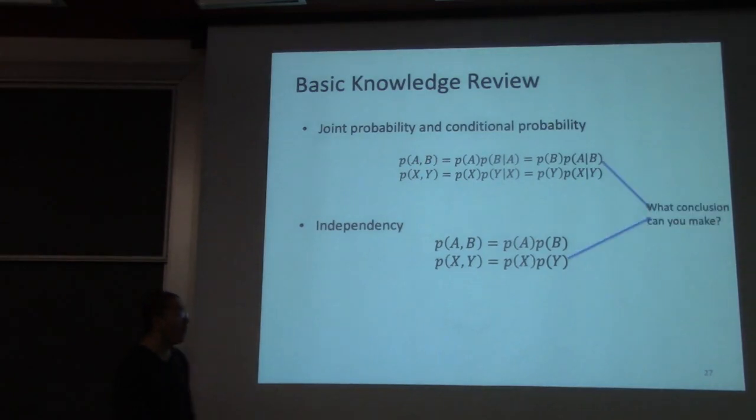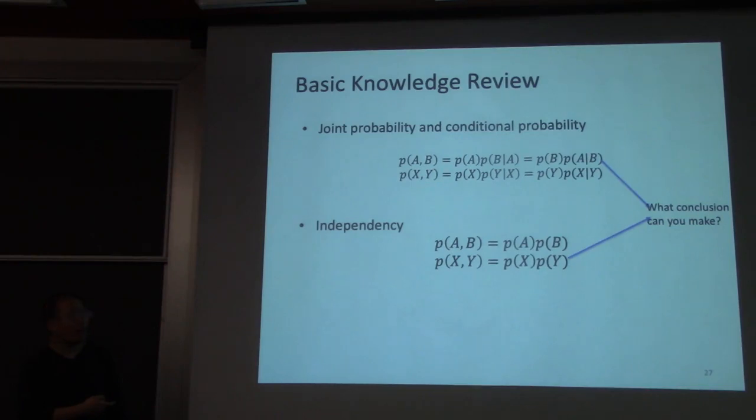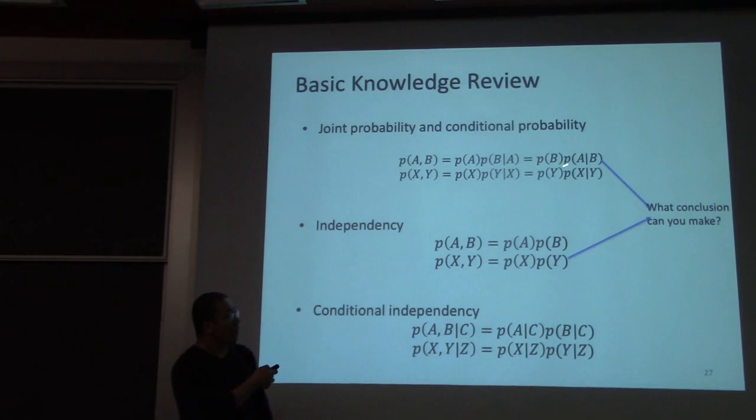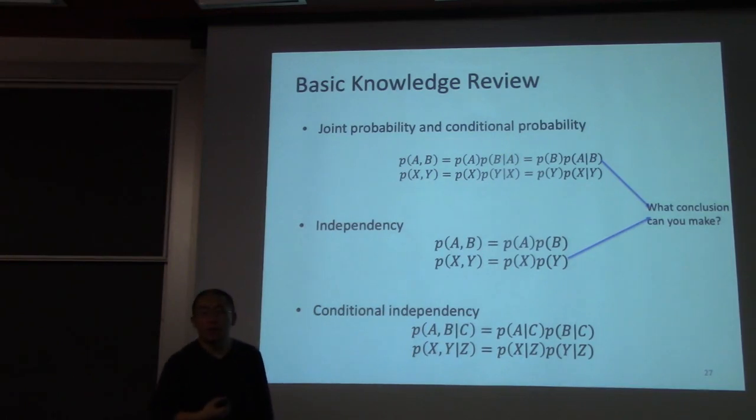And from this, we can also view independence from another angle. If 2 variables are independent, then the conditional probability is the marginal probability. So if you contrast the right-hand sides here, you'll see that B and A being independent means that the probability of B is exactly the same as the probability of B given A. This is also very intuitive, right?